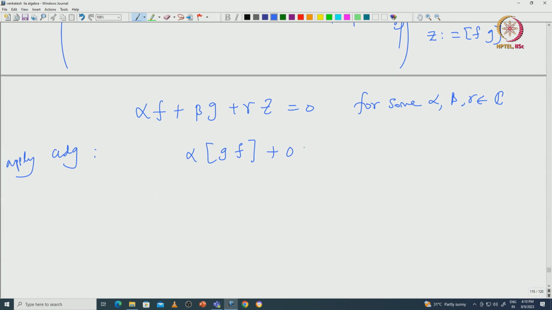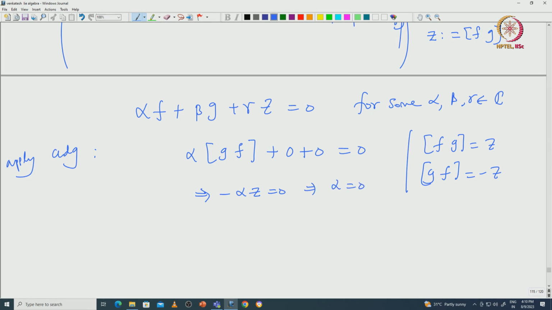So, this plus 0 equal to 0. So, that will imply minus alpha z is 0. Since bracket f g is nothing but z, so [g, f] is nothing but minus z. So, that will tell you alpha must be 0 because z is a non-zero element. Okay. So, now you have beta g plus gamma z is 0.